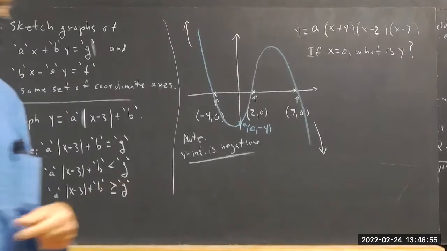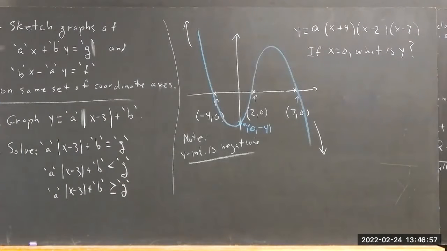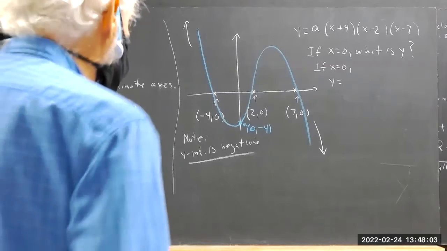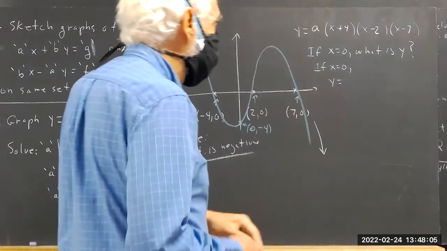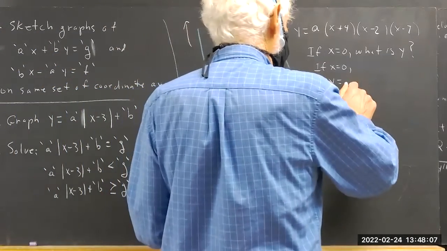If x equals 0, what is the value of y? Write it out. So if x equals 0, y equals what? Well, we're going to replace x by 0.